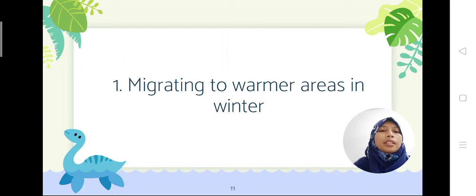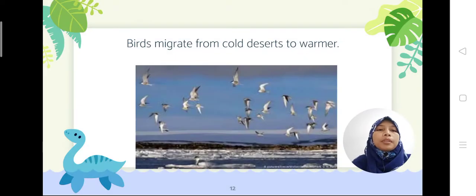Firstly, these animals will migrate to warmer areas in winter. So what does it mean by migrating? For example, birds migrate from cold deserts to warmer areas in order to get more food and to stay warm, because if it is very cold they will die, and lack of food will also make them die.